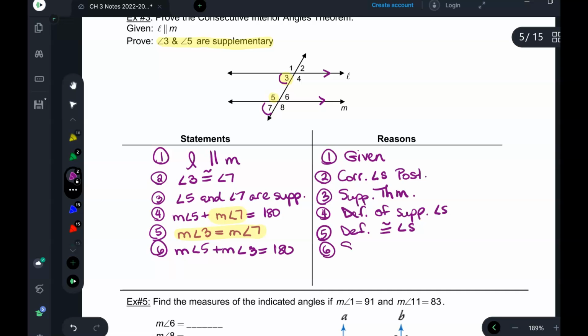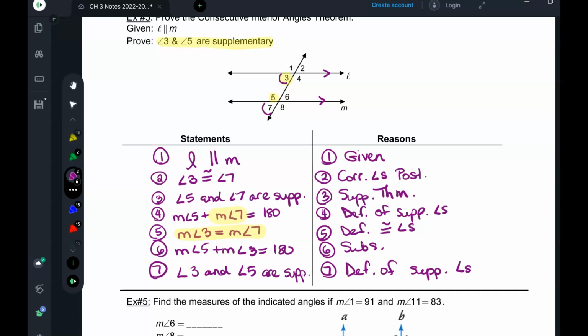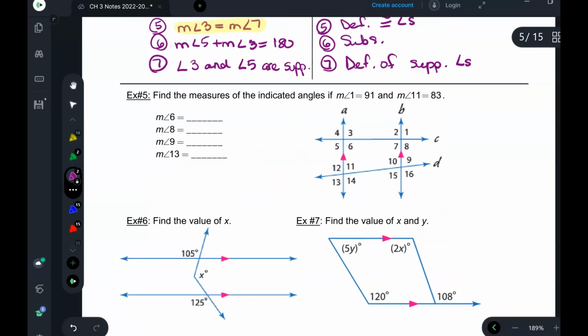So that's substitution. And therefore, angle 3 and angle 5 are supplementary, and that's the definition of supplementary angles. That one's a little bit different. It has a few more steps. We do have to use that substitution and change everything into equals because we're working with those supplementary angles.